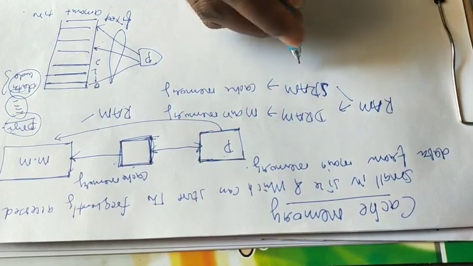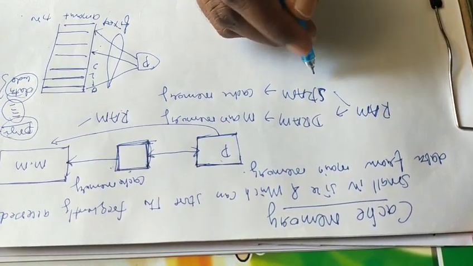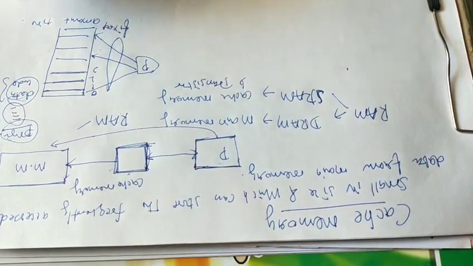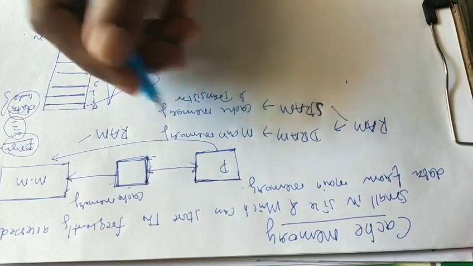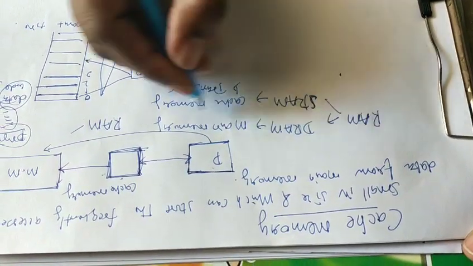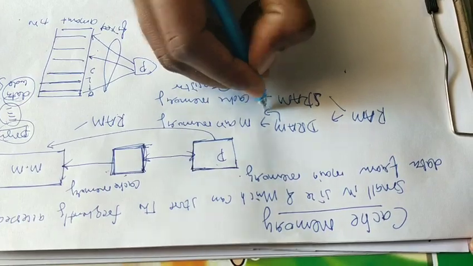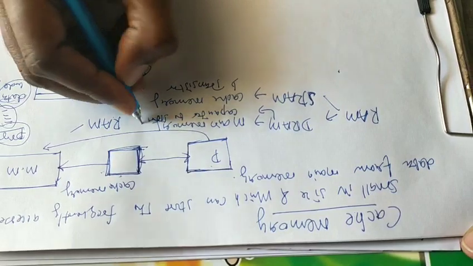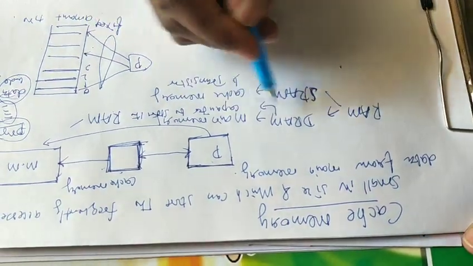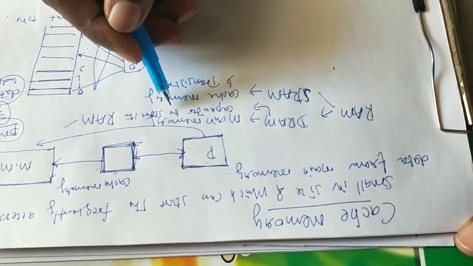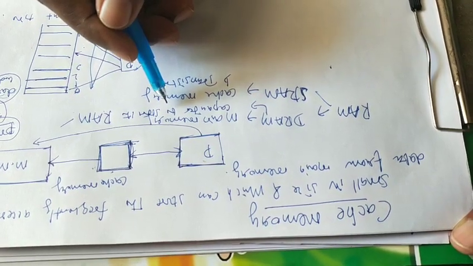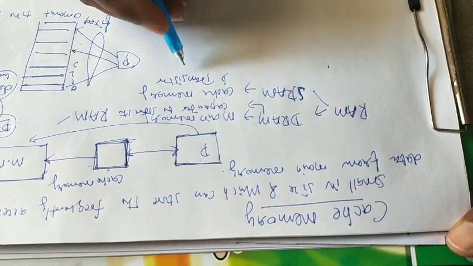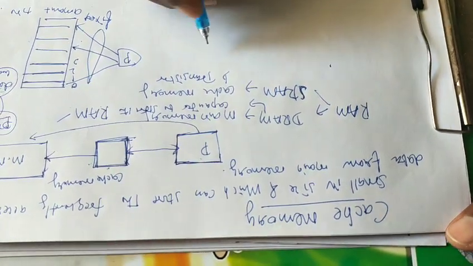Static RAM uses transistors to store a single bit of data. Dynamic RAM, the category of main memory, uses a capacitor to store a single bit of data. Since DRAM uses a capacitor, it has to be refreshed to retain the data. But SRAM does not need any refreshment to retain the data.